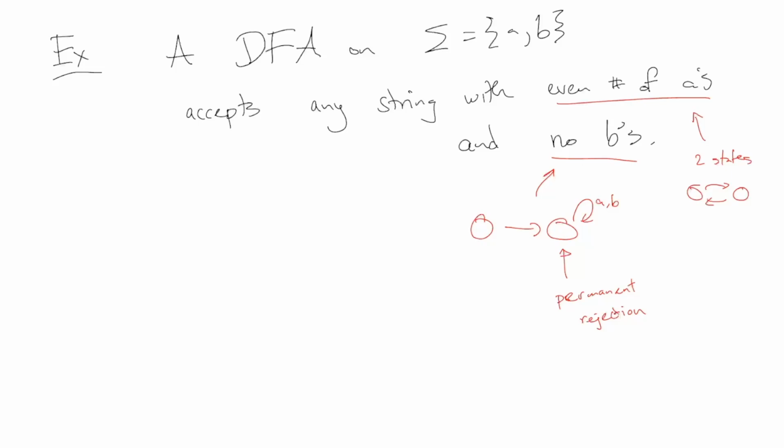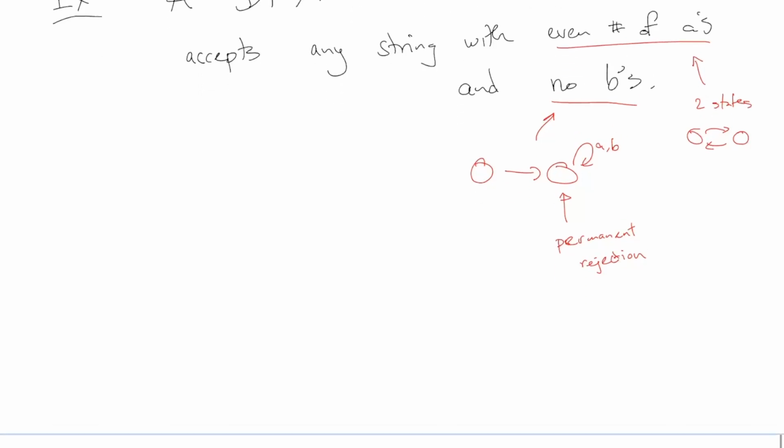My DFA is going to have two states that keep track of even versus odd A's. But at any point, if you see a B, it's going to go to this permanent rejection state. I'll just have to tell you the answer because we've got to go in a moment. I'm going to make something like this. This gets me the even-odd thing.